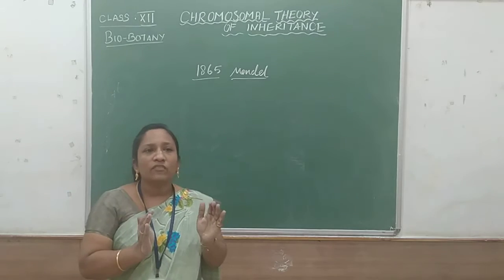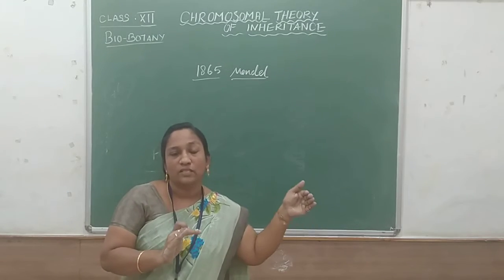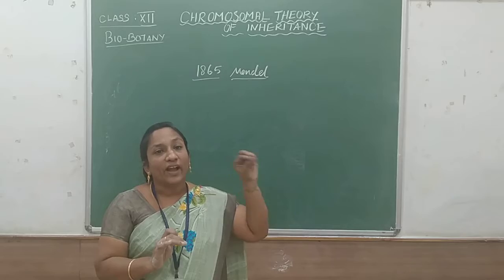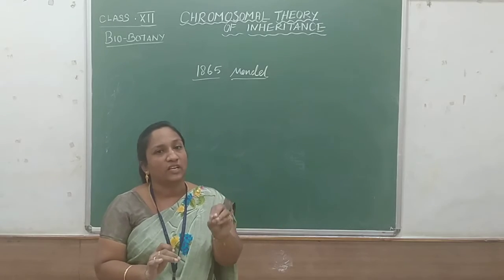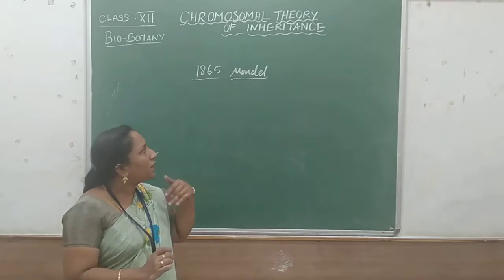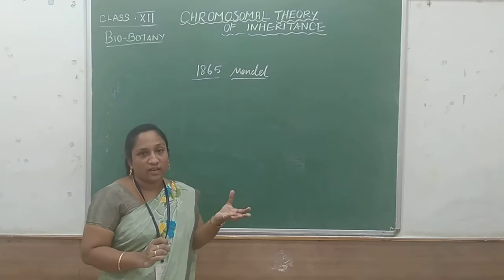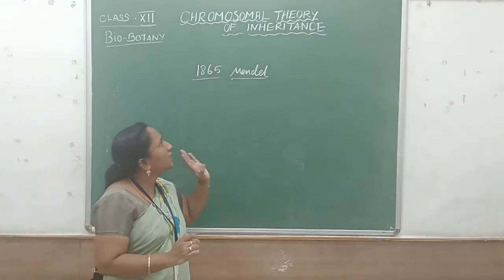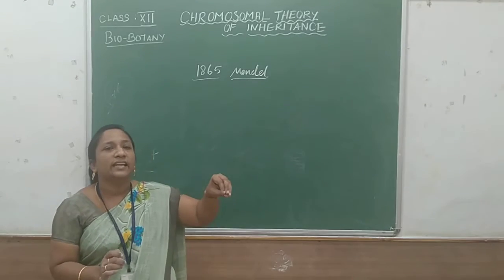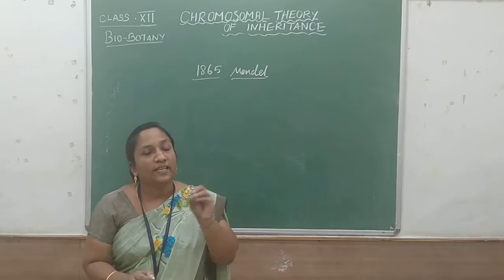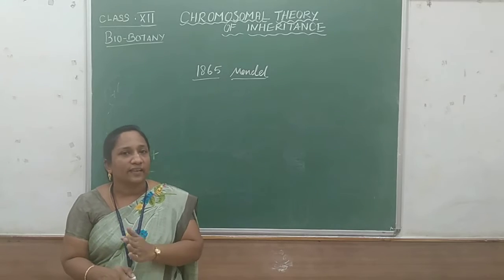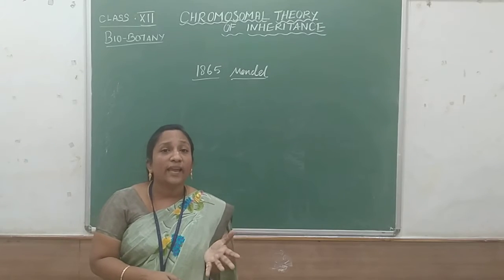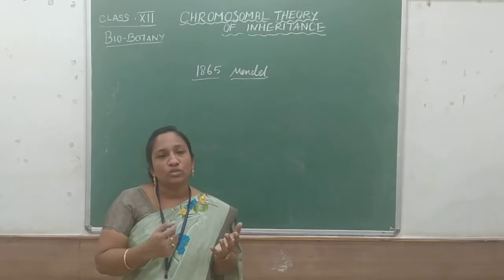He explained that something inside the pea plant does the function of heredity. He did not mention that the factor is a gene, and he did not mention that it is a part of the chromosome. He just mentioned that something is there inside the pea plant which is responsible for the hereditary characters.